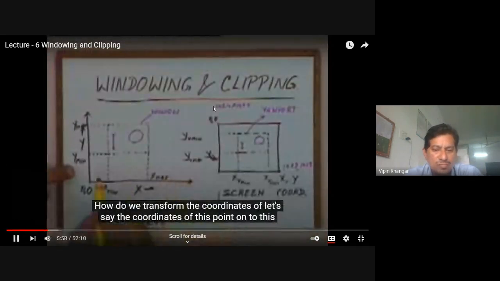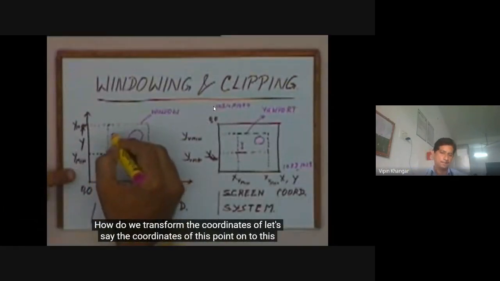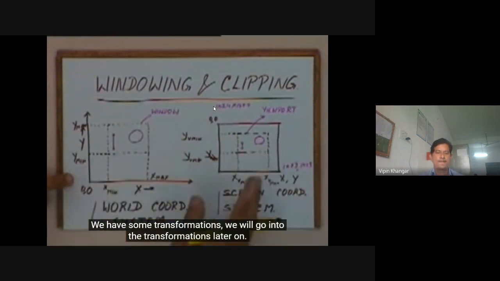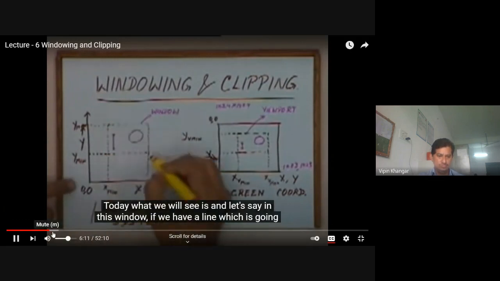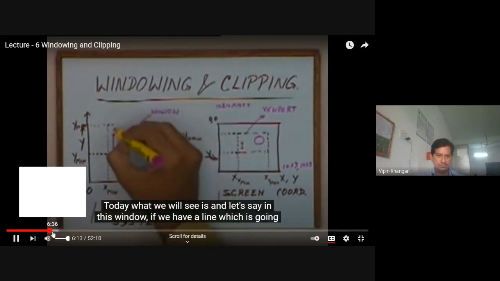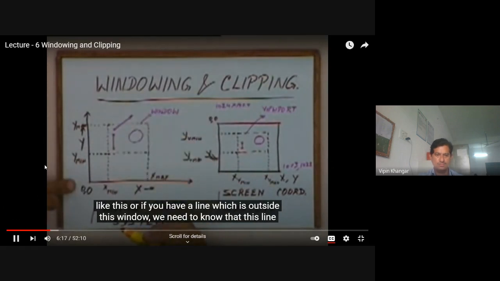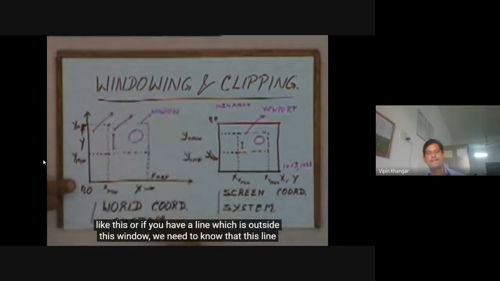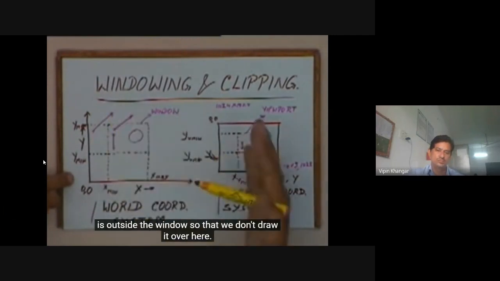How do we transform the coordinates of this point onto this point? We have some transformations, and we'll go into the transformations later on. Today, what we'll see is, in this window, if we have a line which is going like this, or if we have a line which is outside this window, we need to know that this line is outside the window so that we don't draw it over here.